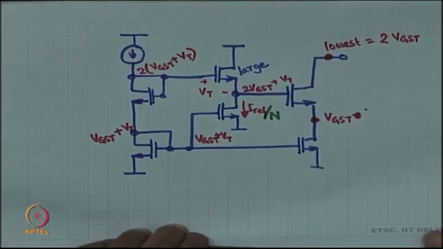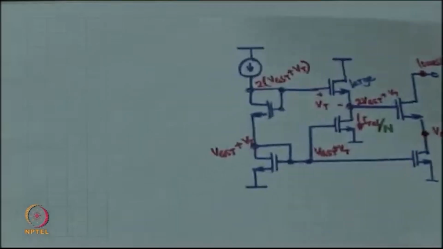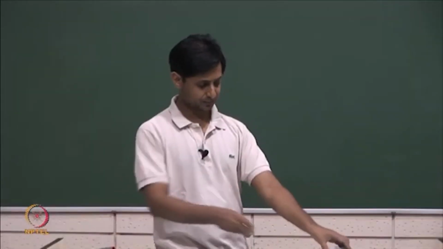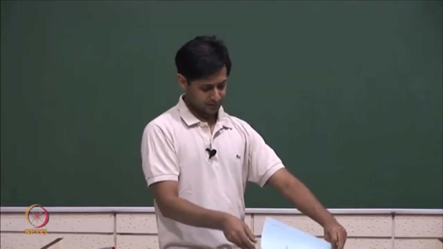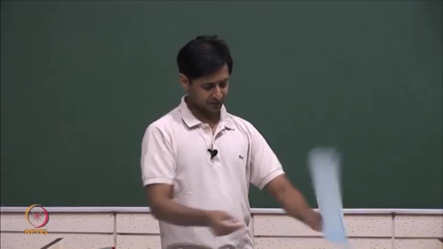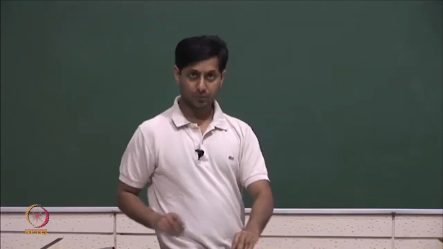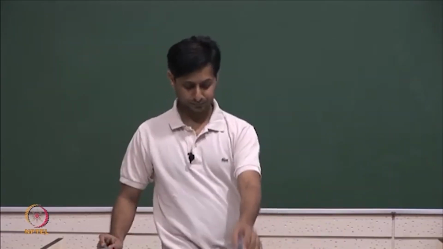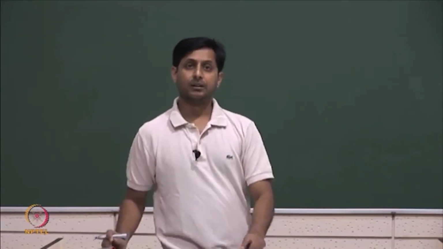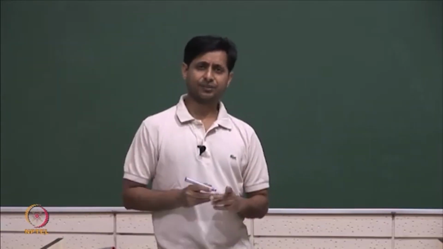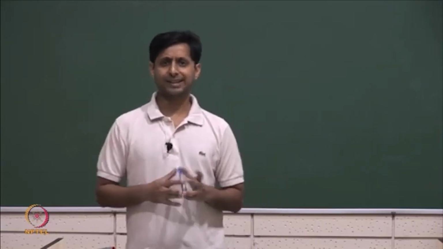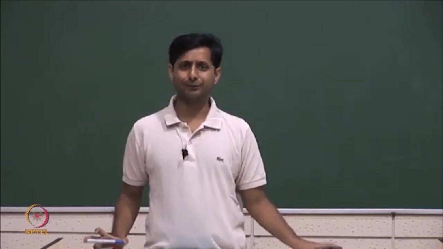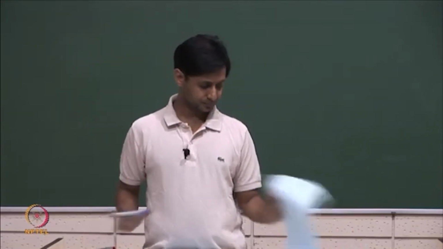Okay. So, we are more or less done with the current mirrors. So, these are a variety of current mirrors. Now, I want to discuss one more circuit. A lot of times people say that you want to make a reference current source.